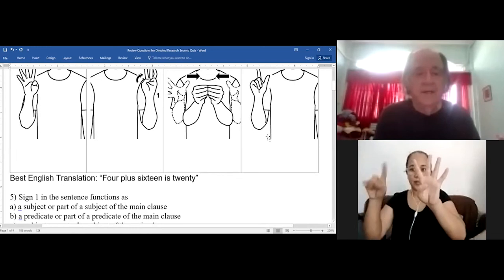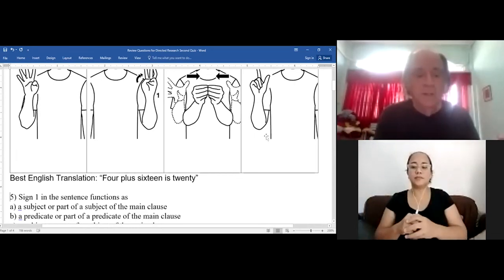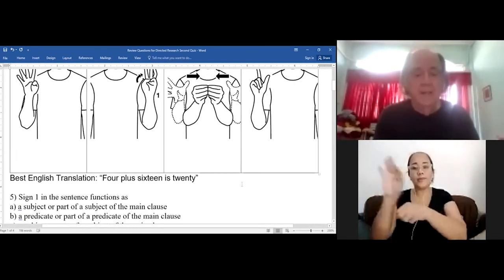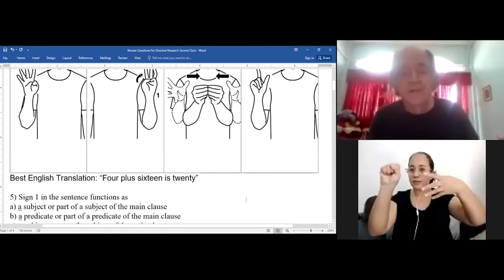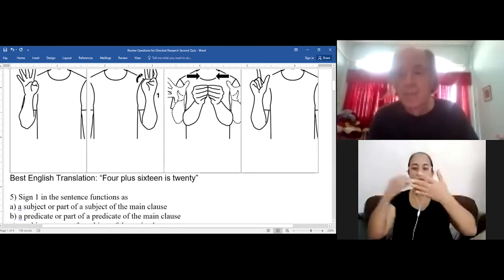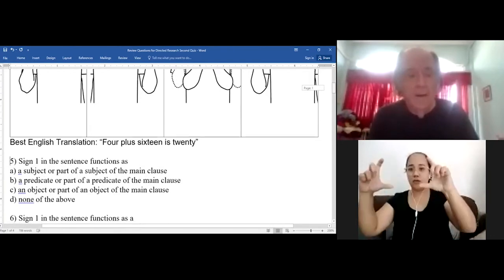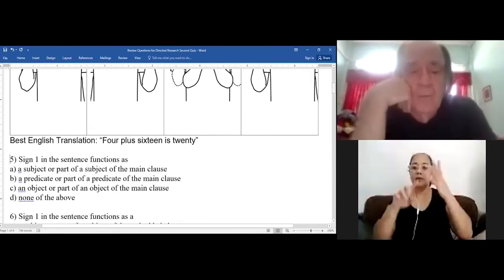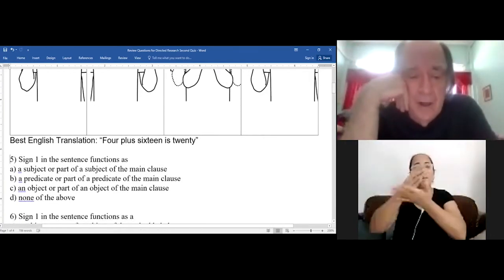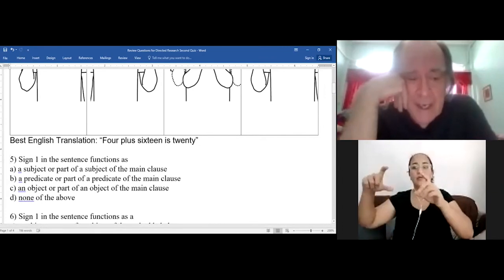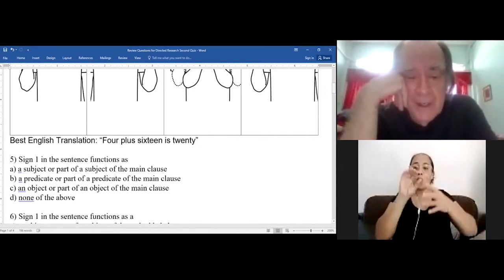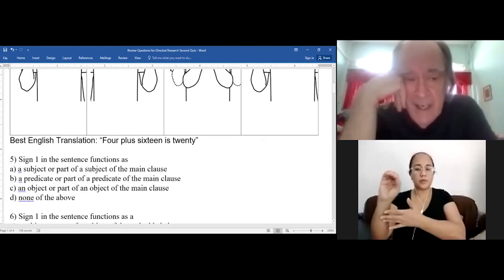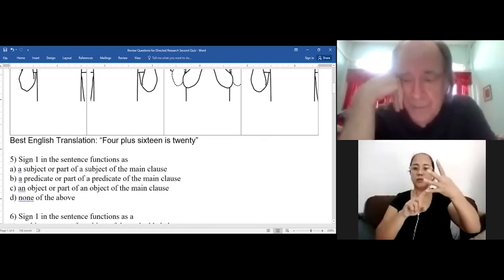Sign 1 in the sentence, FOR, functions as A, a subject or part of a subject of the main clause. B, a predicate or part of the predicate of the main clause. C, an object or part of the object of the main clause. D, none of the above.